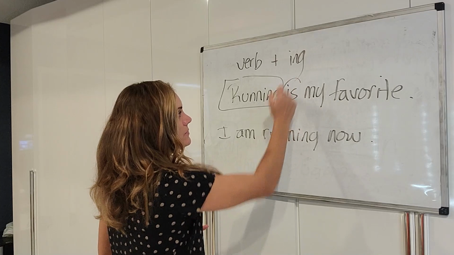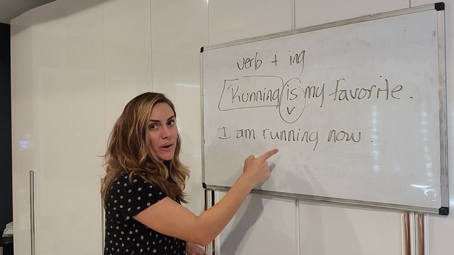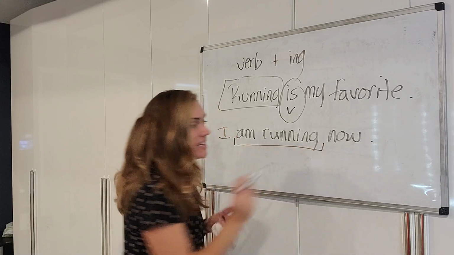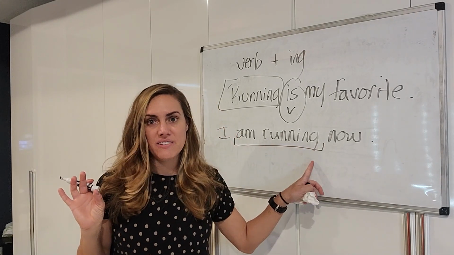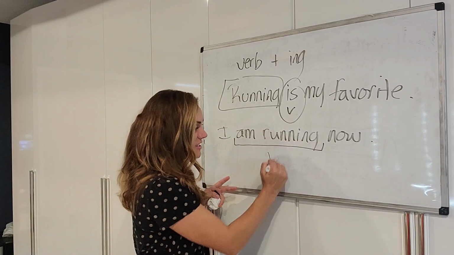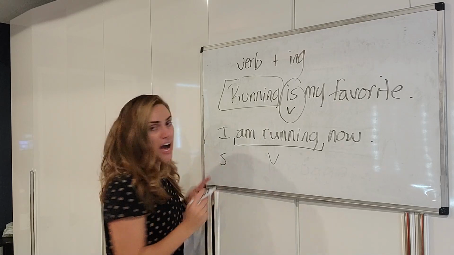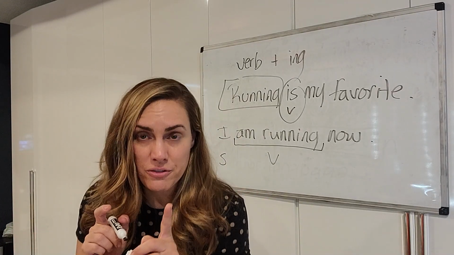This is the verb, is, okay? Over here, I am running is two parts. The be verb plus run plus verb plus ing. So here's the verb and the subject is I. They're completely different even though they look the same, so be careful with that.